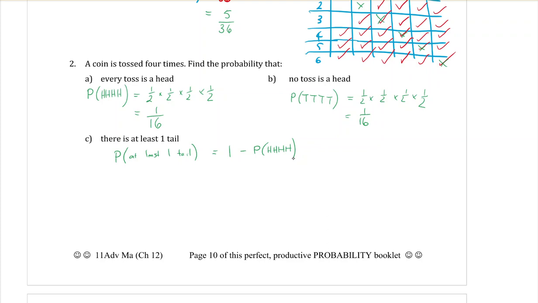And we've already worked out the probability of the 4 heads, which is 1 over 16, which means there's a 15 out of 16 chance of there being at least 1 tail. All right. Question 3.